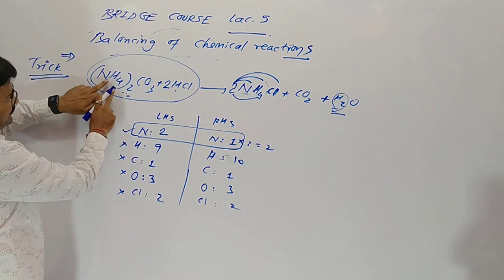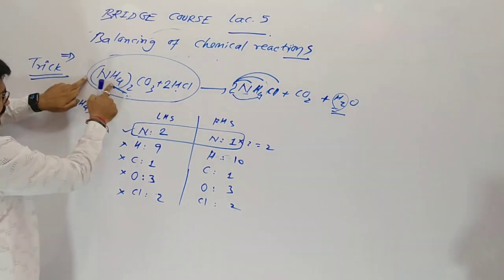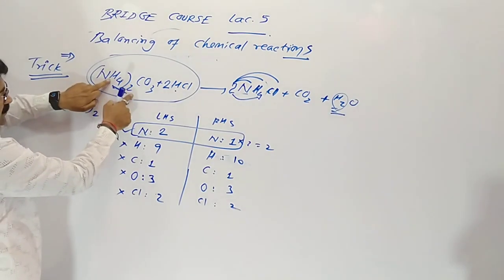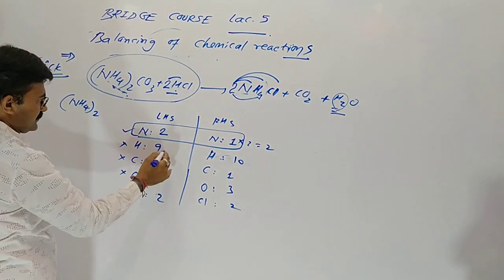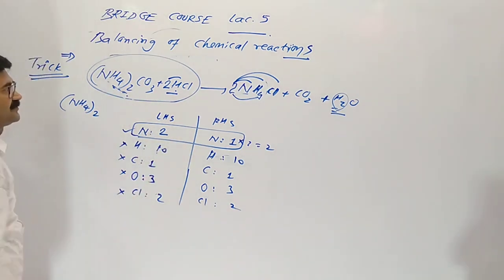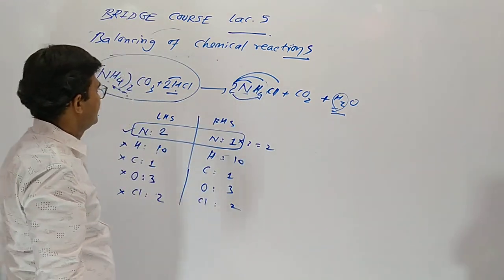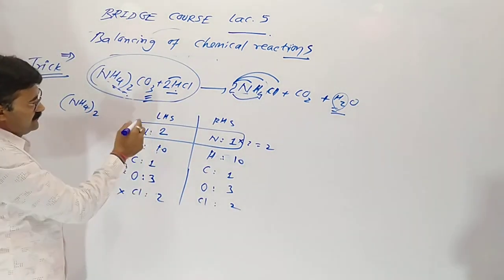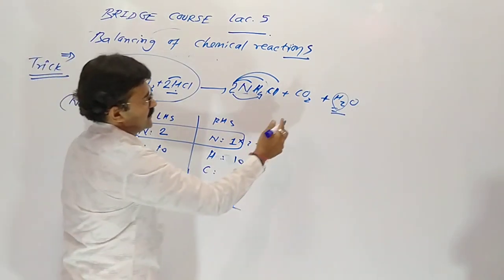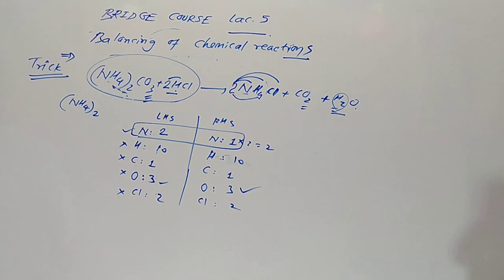Here you can see nitrogen 2, hydrogen 4 twos are 8, 8 plus 2, so it is now 10. Carbon is 1 time, here also 1 time. Now check your oxygen: here 3, 2 plus 1, 3. This is our balanced chemical reaction.